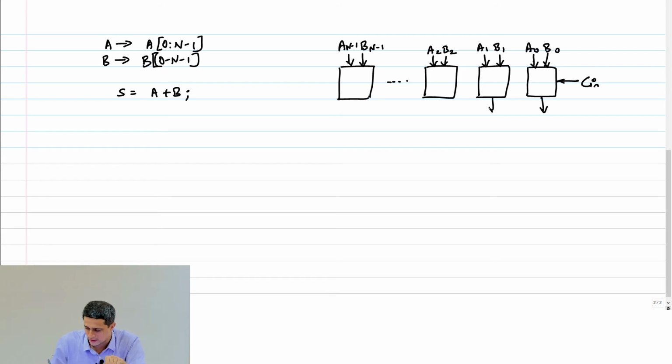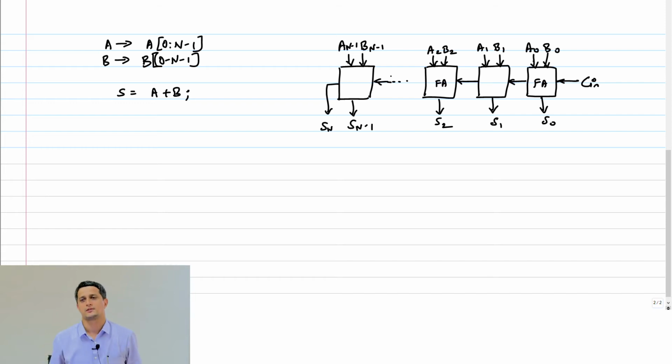The resultant out of these full adders will be S0, S1, S2 all the way to Sn minus 1, and the carry out will form the bit Sn. If you add two n-bit numbers, you can get an n plus 1 bit answer. This is the carry out. All these are full adders. All I'm doing is taking the full adder and cascading it like this.